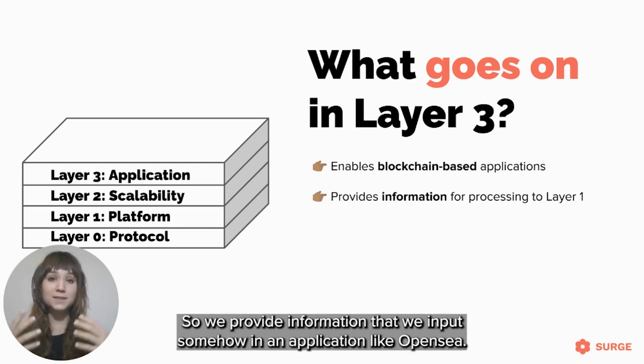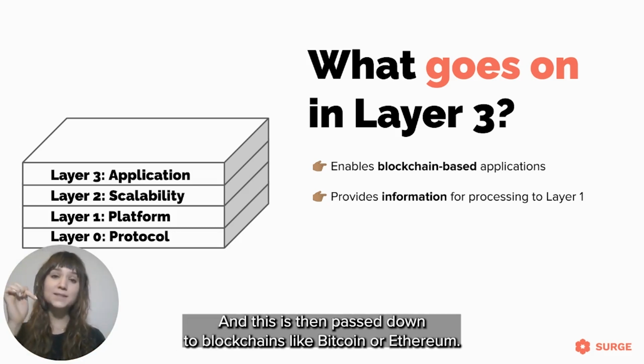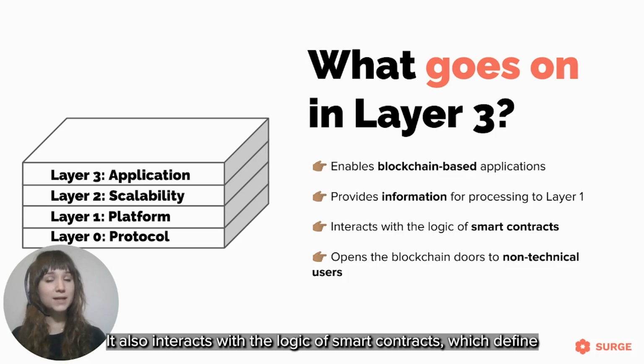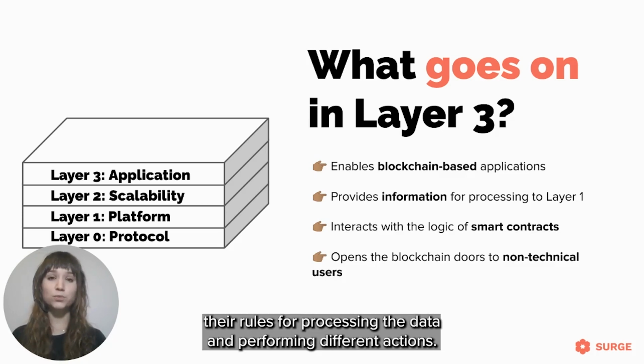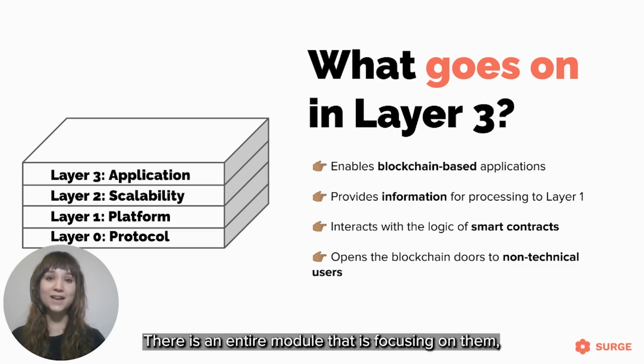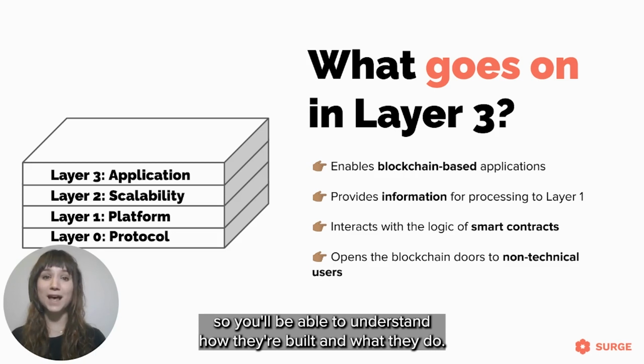So we provide information that we input somehow in an application like OpenSea, and this is then passed down to blockchains like Bitcoin or Ethereum. It also interacts with the logic of smart contracts, which define the rules for processing the data and performing different actions. And don't worry about smart contracts. There is an entire module that is focusing on them, so you'll be able to understand how they are built and what they do.